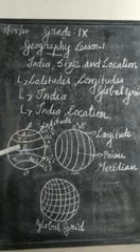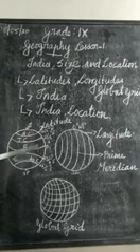They mark the distance of a place north or south of the equator.